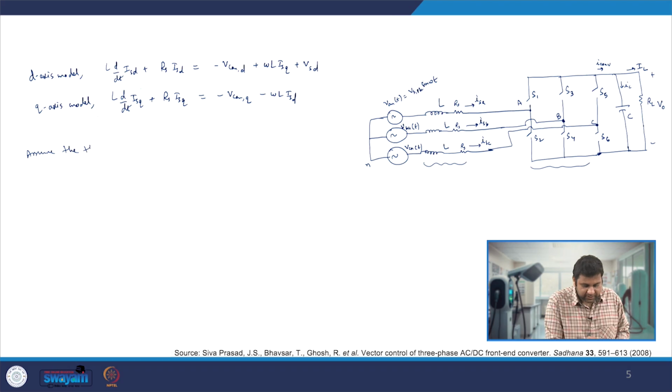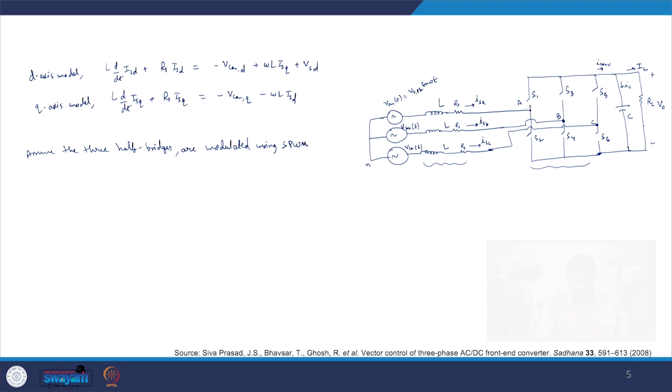and assume the 3 half bridges are modulated using sinusoidal pulse width modulation.